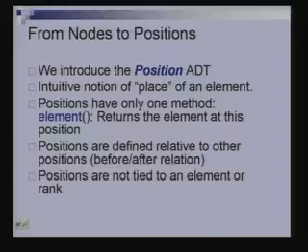So, position is an abstract data type which intuitively captures the place where a certain element is stored. In your data structure, it captures the place where your element is, and there is only one method associated with this position, and that is the method element.